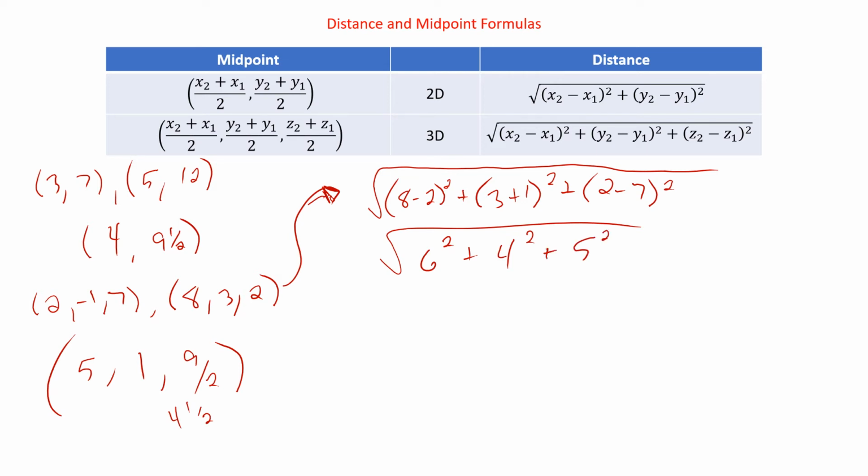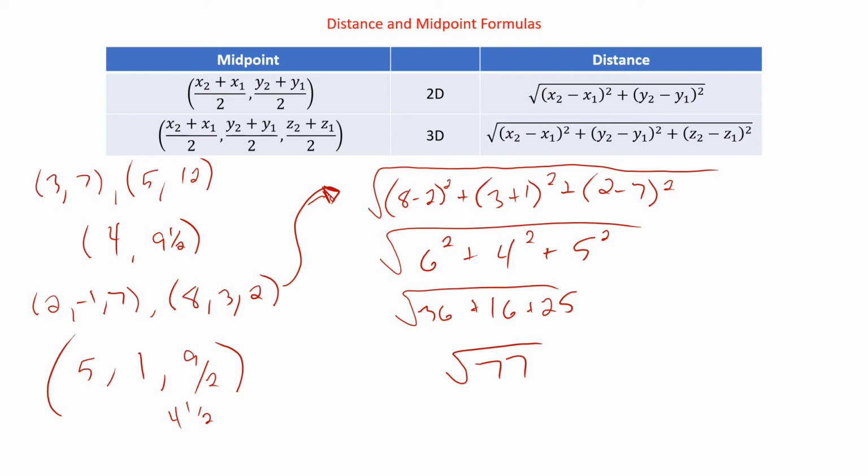That way you don't do something horrible like putting negative 5 squared into your calculator and get negative 25, because we all know that that's not good. 6 squared is 36, 4 squared is 16, 5 squared is 25. We can add these together. 36 plus 16 is 52, plus 25 is 77. So we get the square root of 77.